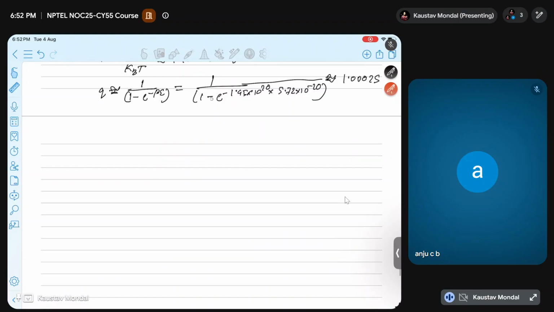Here also, in a similar way, calculate the probability of being in energy level 0, the ground state: P0 equals 1 minus e to the power minus beta E, which would be equal to 0.99975. P1 equals (1 minus e to the power minus beta E) into e to the power minus beta E, which would be equal to 2.5 into 10 to the power minus 4.